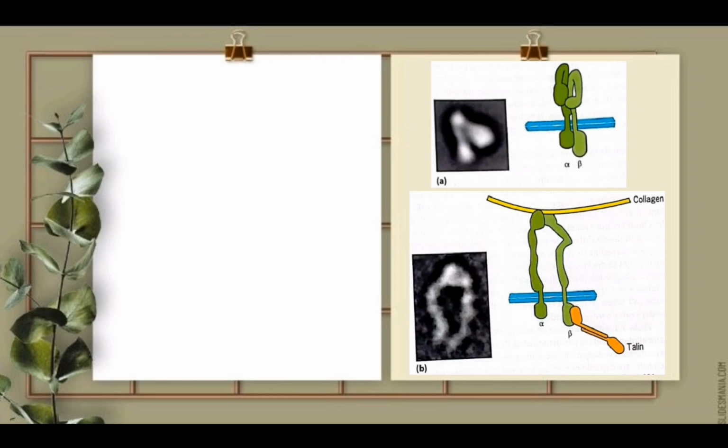Binding of talin to the small cytoplasmic domain of the B subunit induces a separation of the two subunits and conversion to the active conformation. Activated integrins typically become clustered as the result of interaction of their cytoplasmic domains with the underlying cytoskeleton.